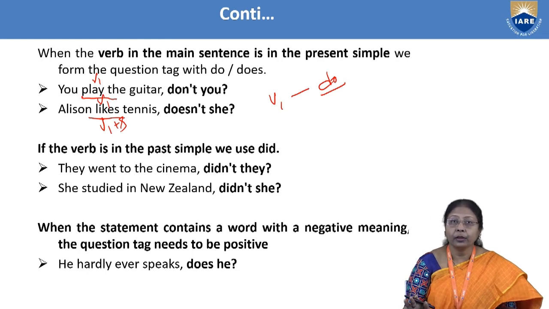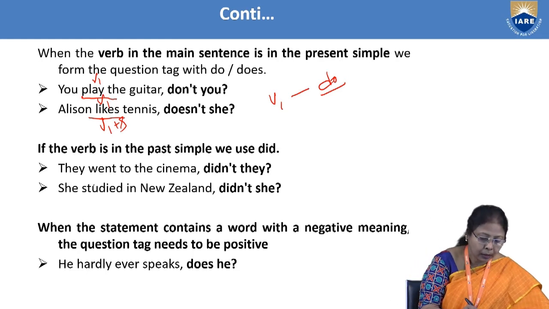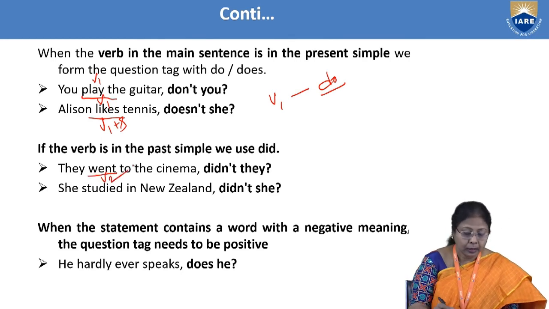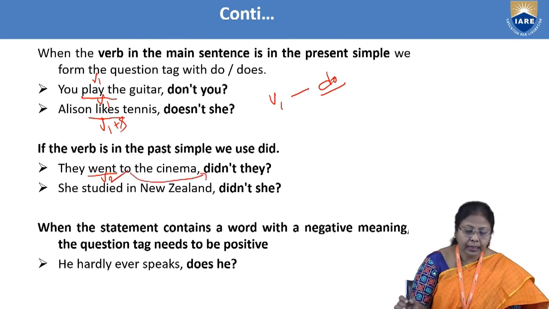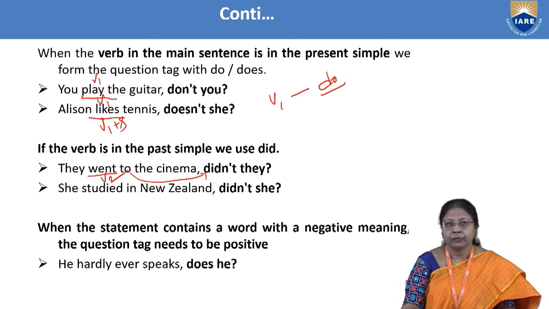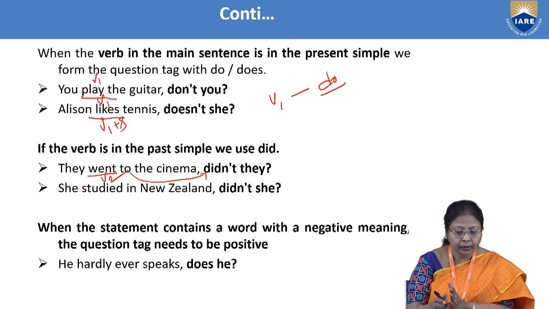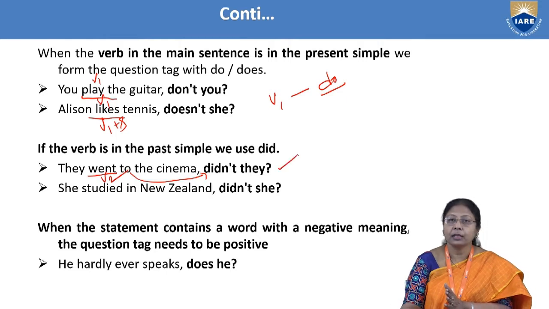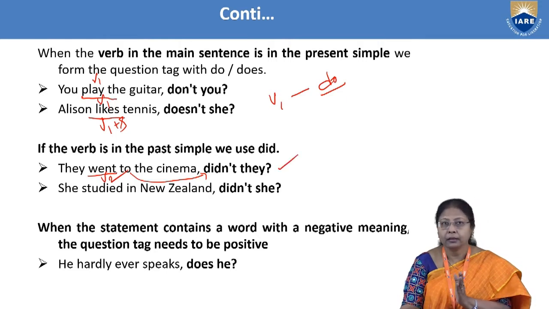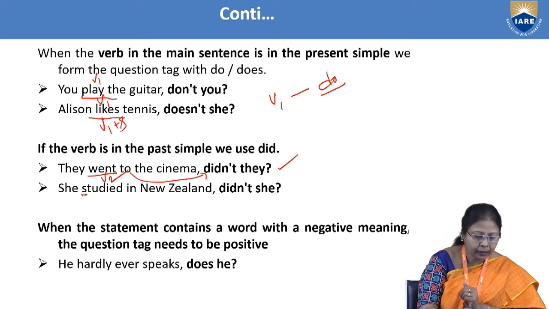They went to the cinema. V2 form always takes the question tag with did. They went to the cinema is a positive statement, so we have taken a negative question tag: didn't they? She studied in New Zealand.